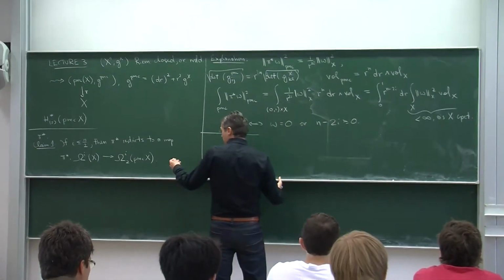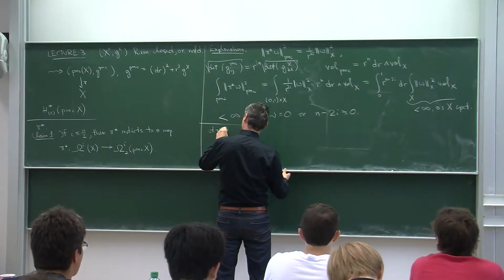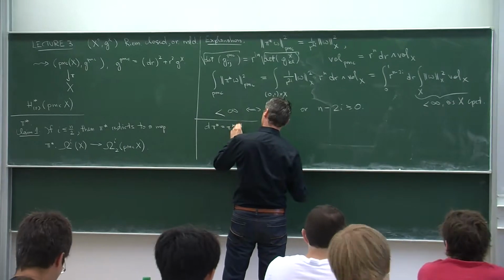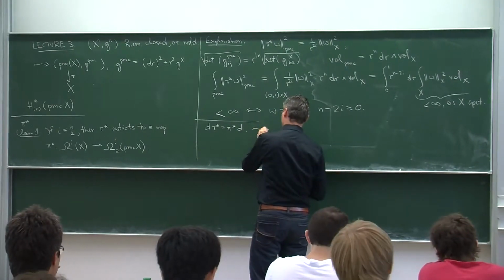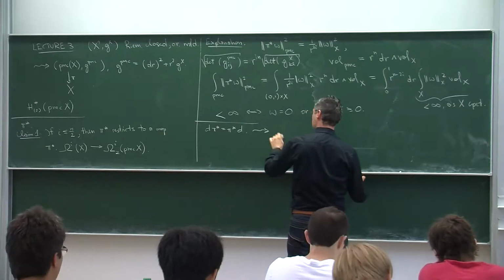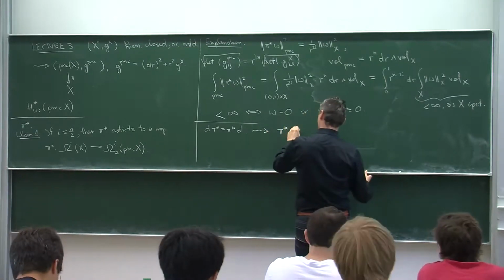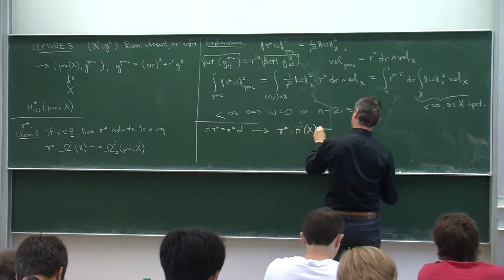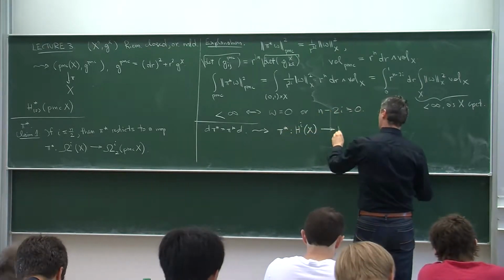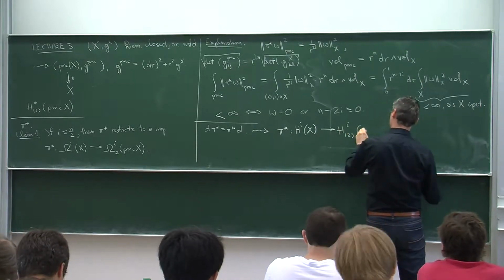Now, of course, pi star as a pullback map commutes with D, and therefore you certainly get a map on cohomology, and this map I want to study next. So from H^I of X to the L2 cohomology of the punctured metric cone.